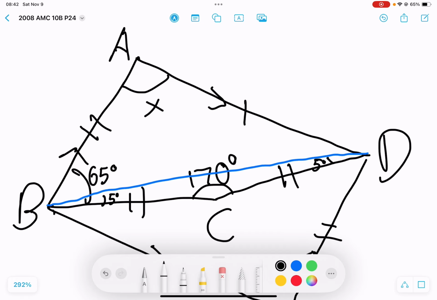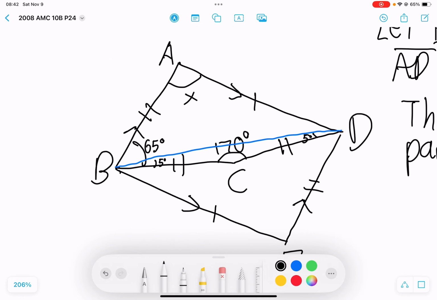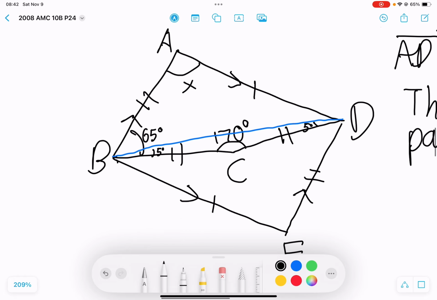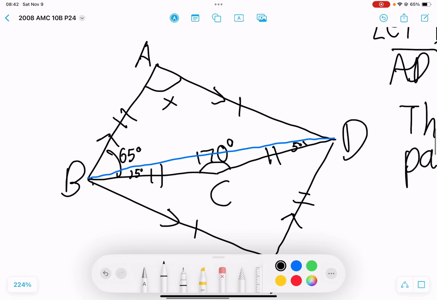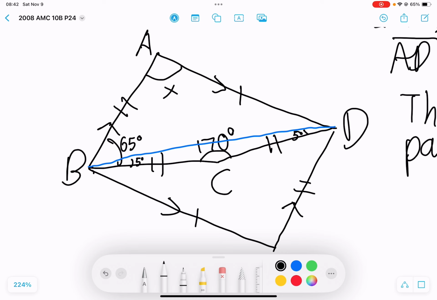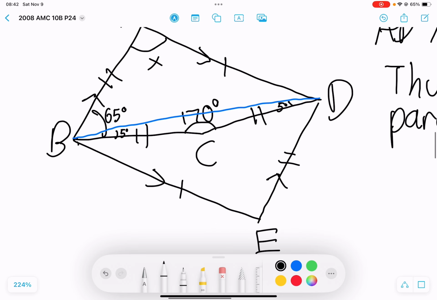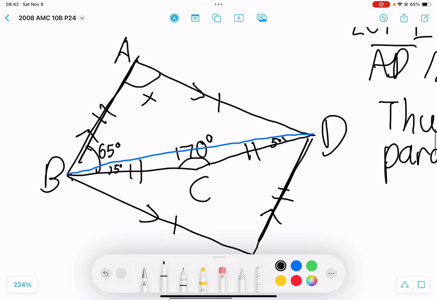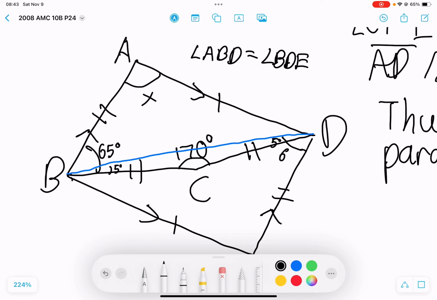Because AB is parallel to DE, and alternate interior angles are equal, we know that angle ABD, which is 65 degrees, equals angle BDE, which is now 65 degrees. But we know that this is 5 degrees, so the remaining part of angle BDE is 60 degrees.